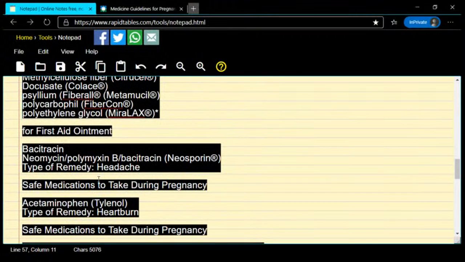Next first aid ointment is neomycin, polymyxin B and/or bacitracin, Neosporin.